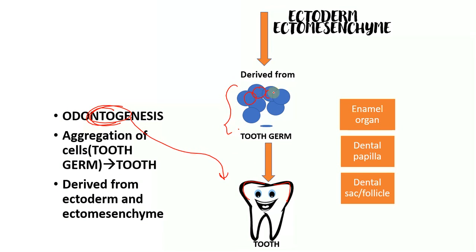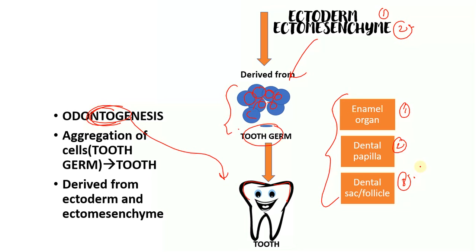Initially, there is an aggregation of cells which is called the tooth germ, and this tooth germ is derived from epithelium, ectoderm, and the ectomesenchyme. As odontogenesis progresses, it is organized into the enamel organ, the dental papilla, and the dental sac.